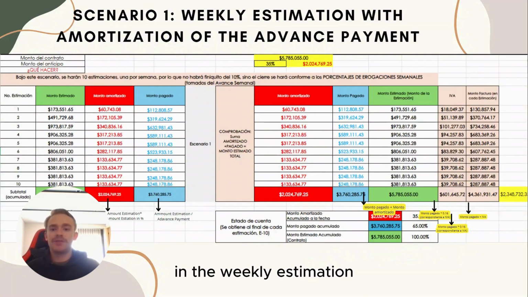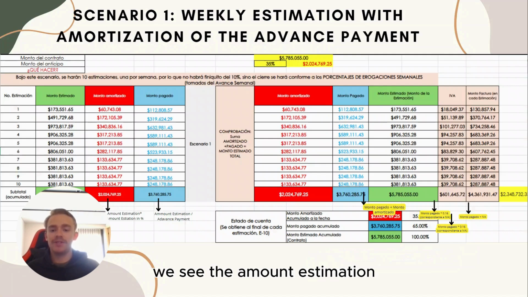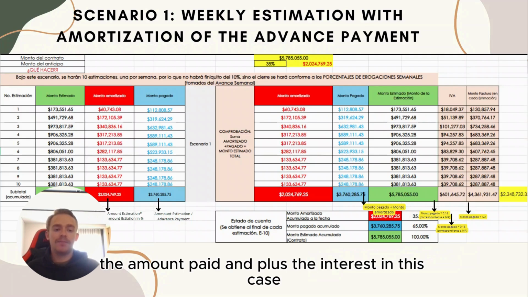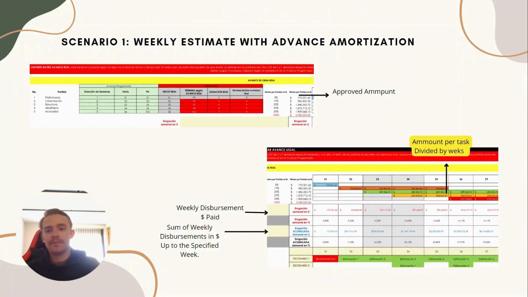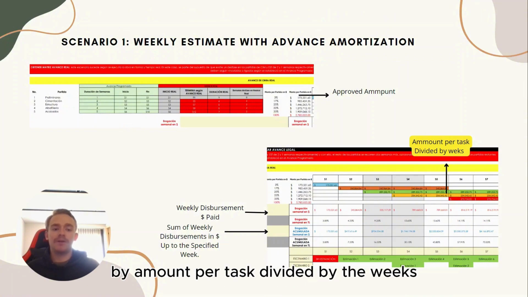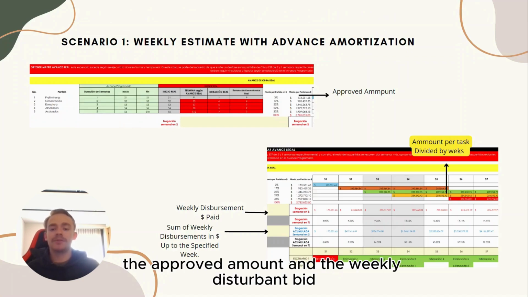In the weekly estimation with amortization of the advance payment, we see the amount estimation with the advance payment, the amount paid, plus the interest, in this case, the IDA. Scenario 1, the weekly estimate with advance amortization: amount per task divided by the weeks, the approved amount, and the weekly disbursement paid.